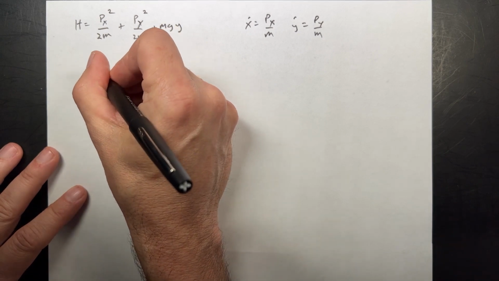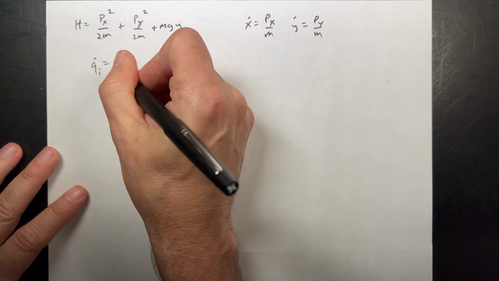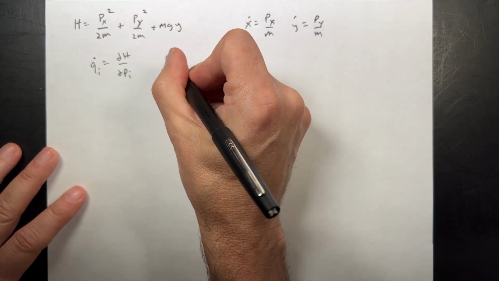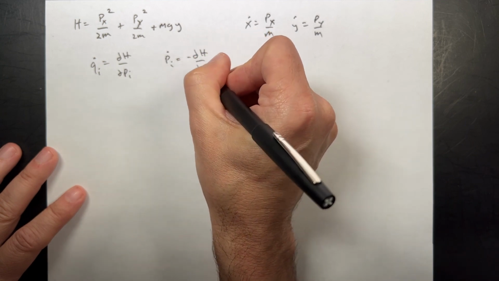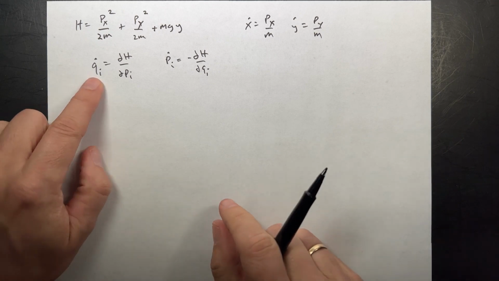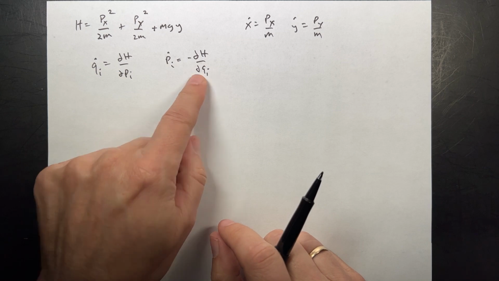In general, q_i dot is the partial of H with respect to p_i, and p_i dot is negative the partial of H with respect to q_i. So I actually have four equations, because I have the x's and the y's.